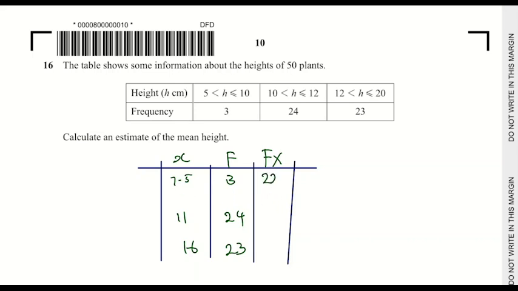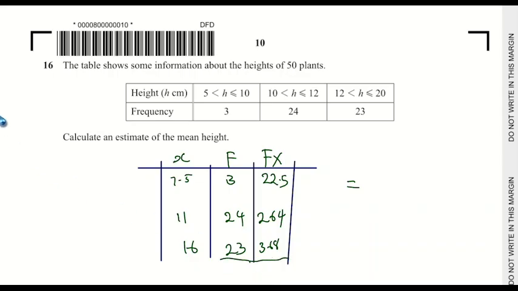So this will be 22.5. 11 times 24, that will be 264. And 16 times 23, that will be 368. So an estimate of the mean is going to be the total of this divided by the total of this.